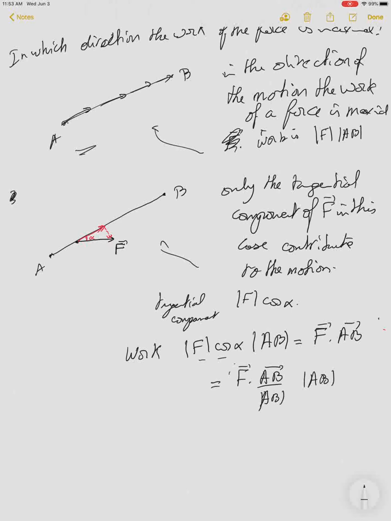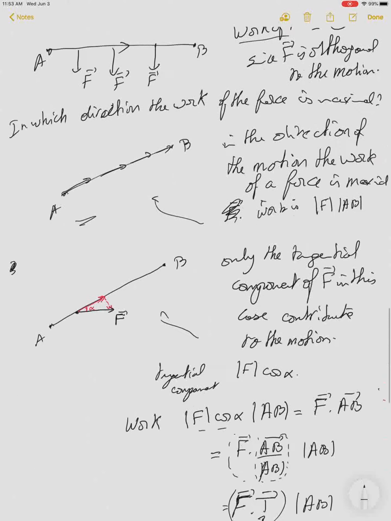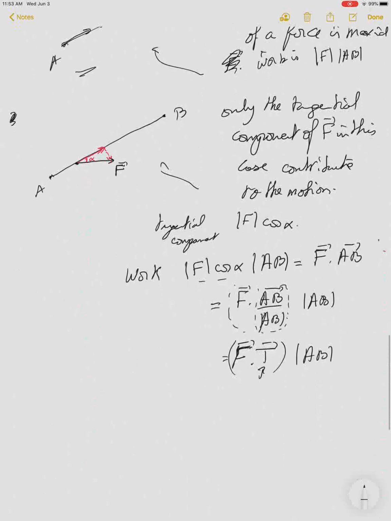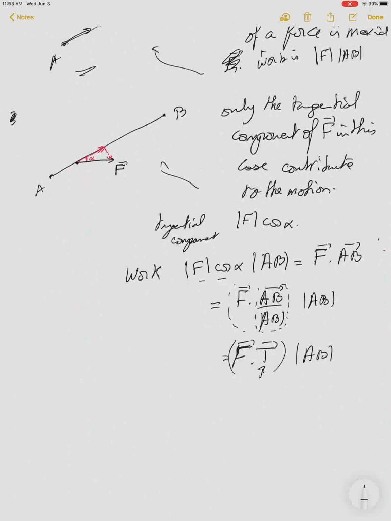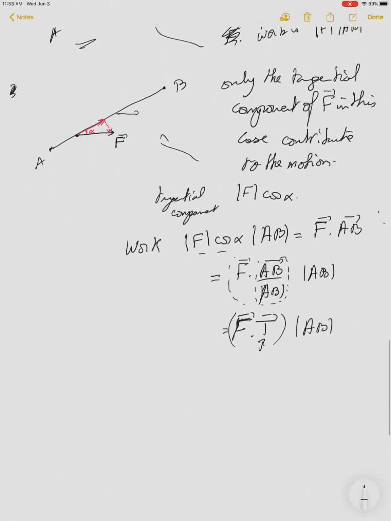You all agree? Since this is a line segment, AB over the absolute value of AB is the unit tangent vector. So this is really F dotted with T times the absolute value of AB, where T is the unit tangent vector defined above. This is a way to calculate the work of a constant force: F dot T times AB.